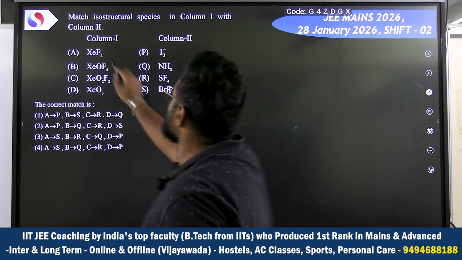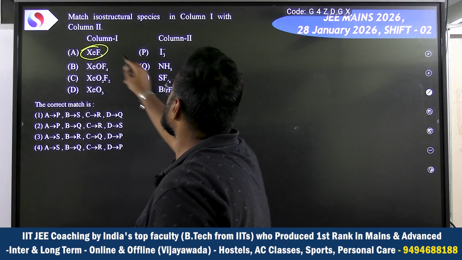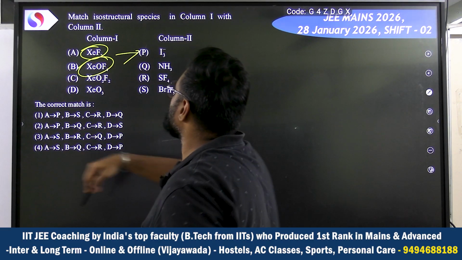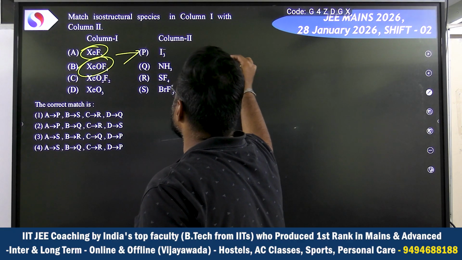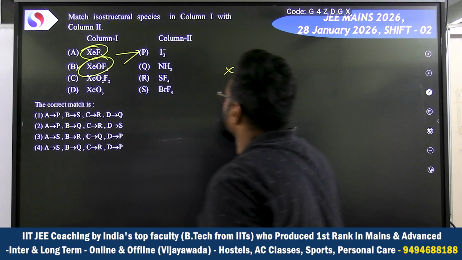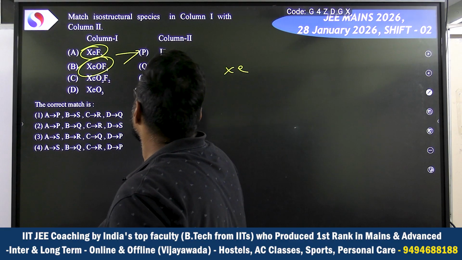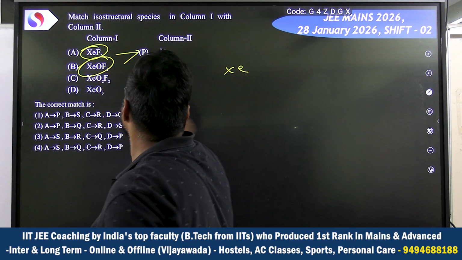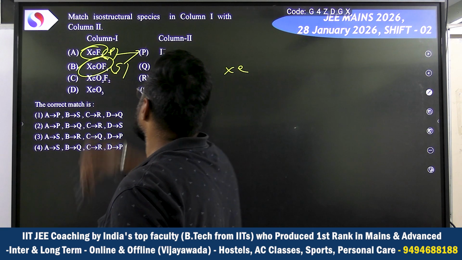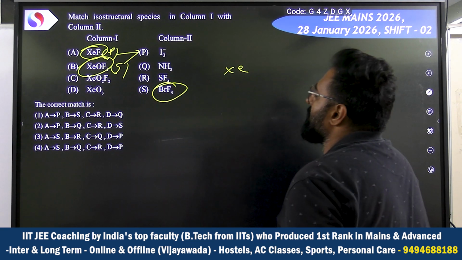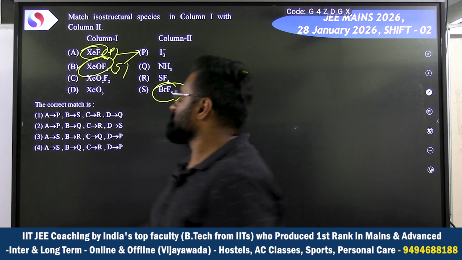Isostructural pairs, XeF2 linear shape. So XeF2 will be P. XeO4, this will be the XeO4 shape. So if we take XeO4, the corresponding one will be BrF5. Then for A it is P, for B it will be S. For A it is P, for B it is S. So obviously the first option is correct.